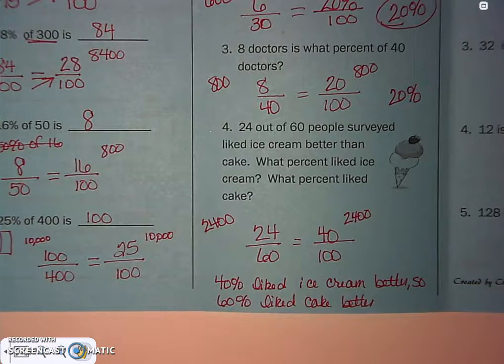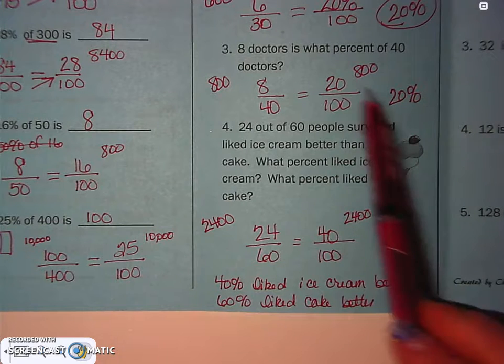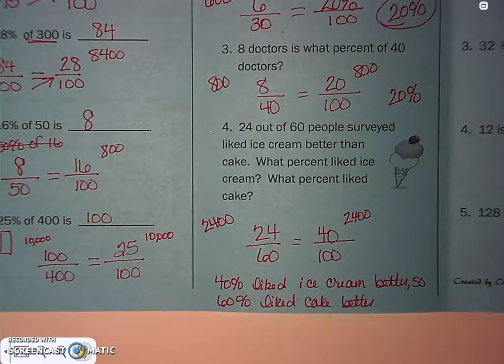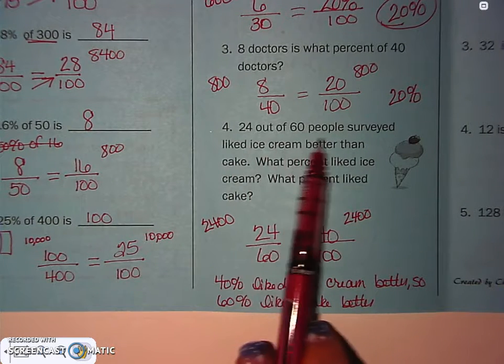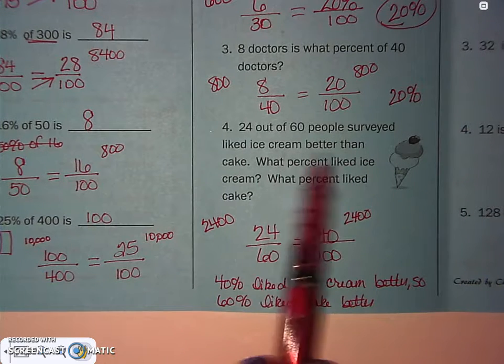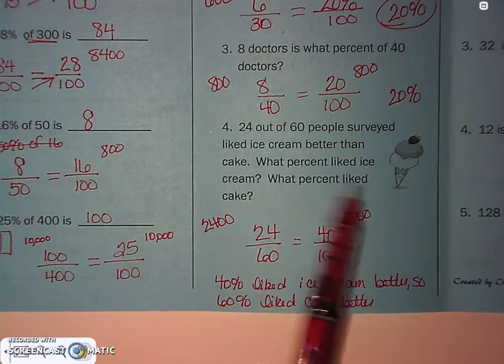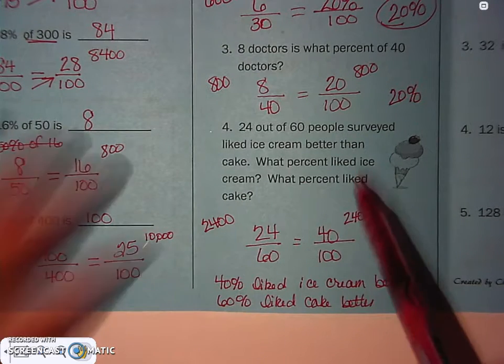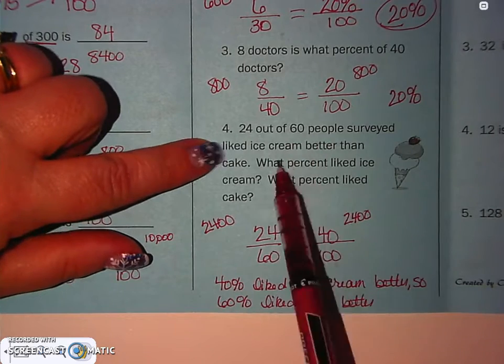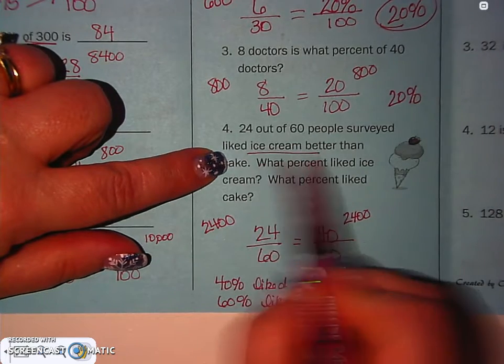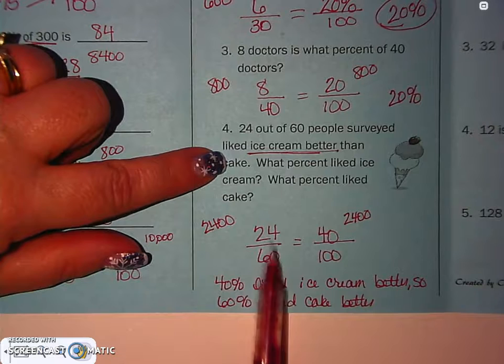Okay, so on number 3, 8 doctors is what percent of 40 doctors? And what percent did we get? 20%. And 24 out of 60 people surveyed liked ice cream better than cake. What percent liked ice cream? What percent liked cake? So this 24 out of 60 are the ones that liked the ice cream better.